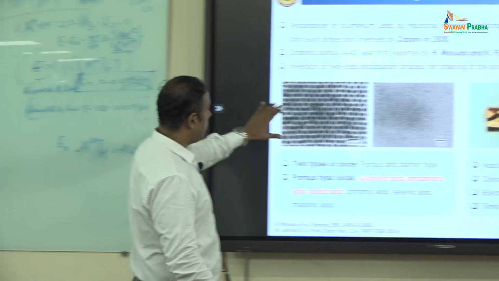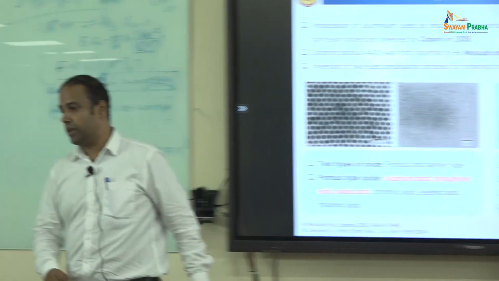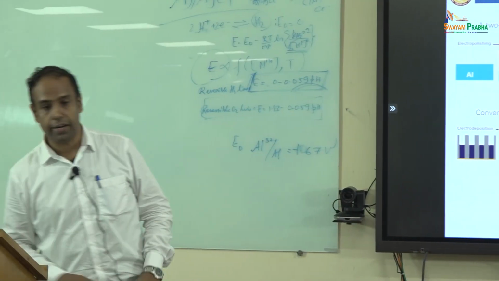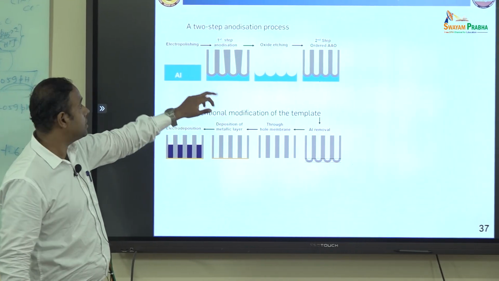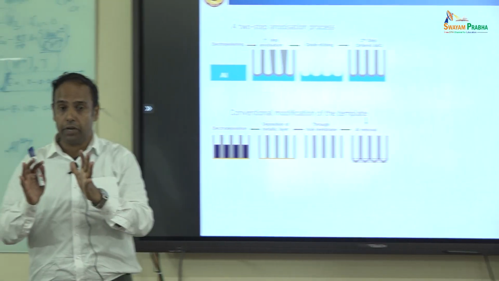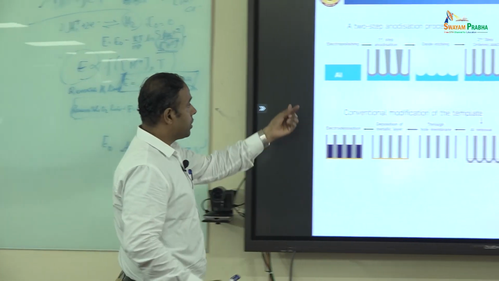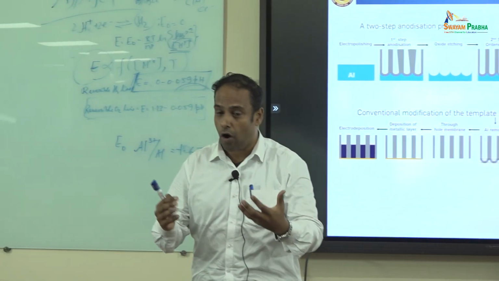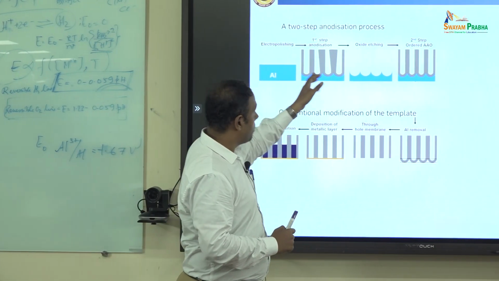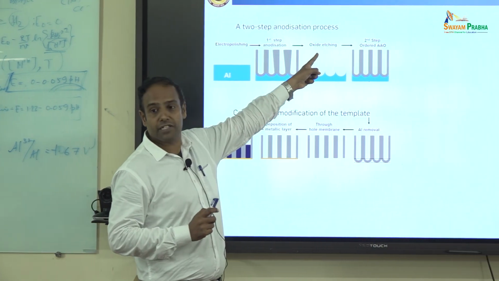So, what did we start with? We started with pure aluminum, right. We electropolished it to get a very nice smooth surface. We anodized in a particular condition and solution. We got a porous structure, and the pores in the first step are not ordered properly. So, we removed it again. Now, this removal you see is oxide etching.